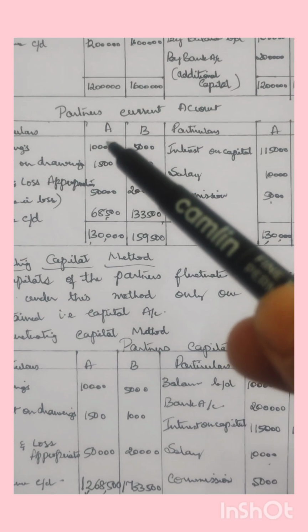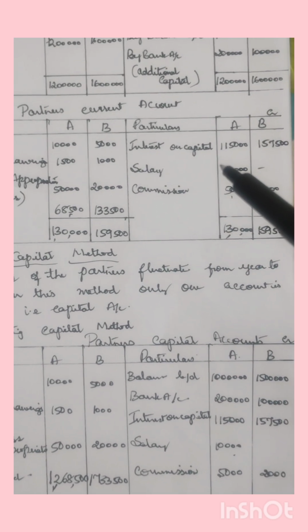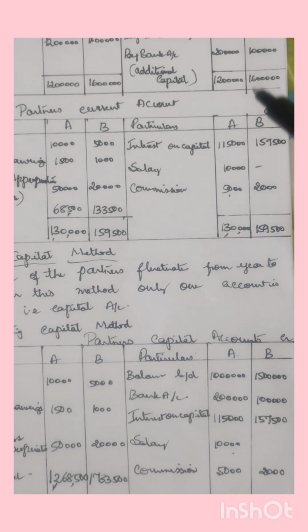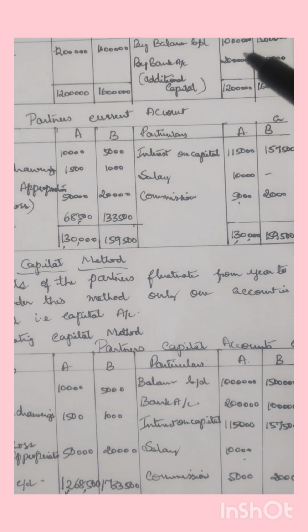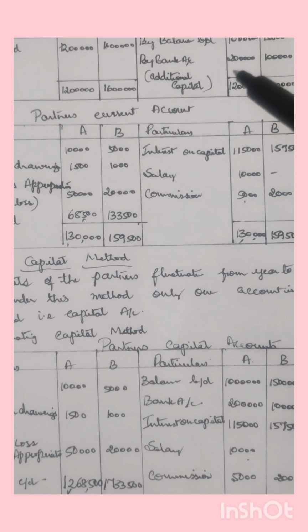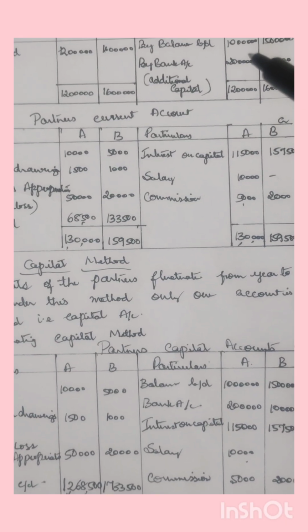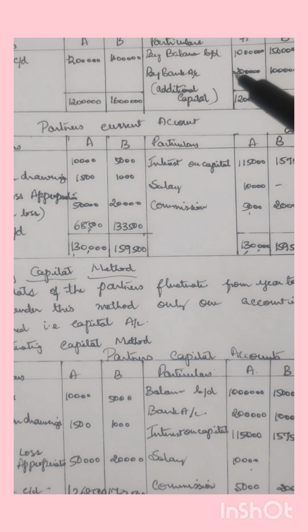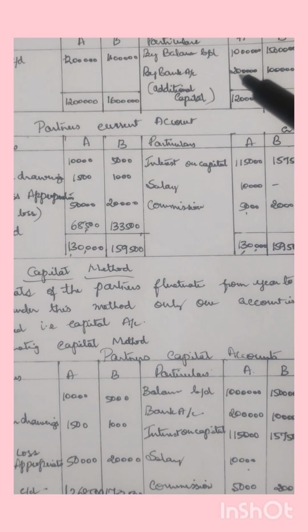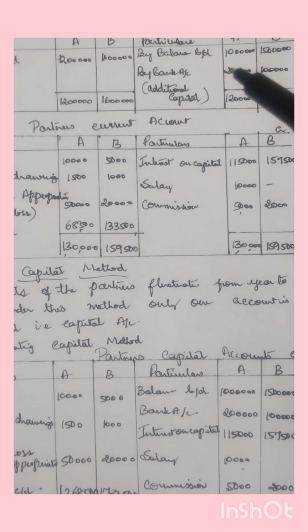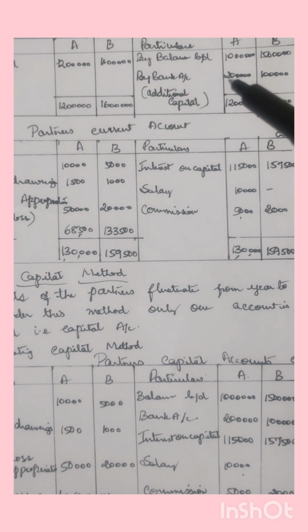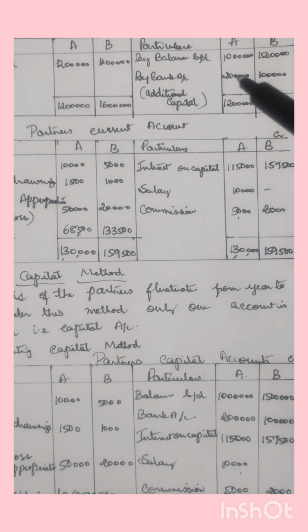Partners' current account: interest on their capital has to be calculated. A has contributed 10 lakh, so 10 lakh into 10% plus 2 lakh into 10% into 9/12, because it was contributed on July 1st, from July 1st till the end of the accounting period, that is March 31st.